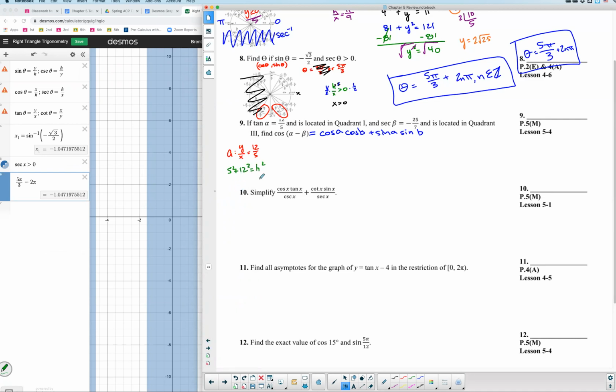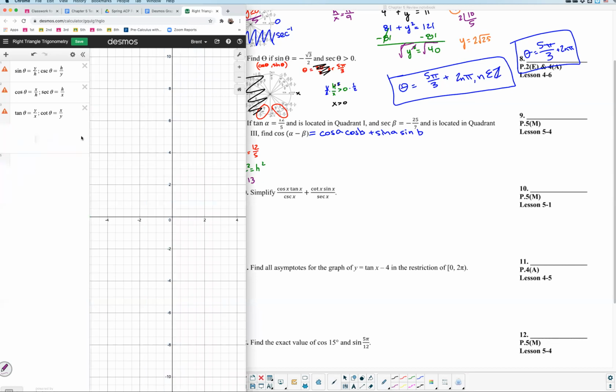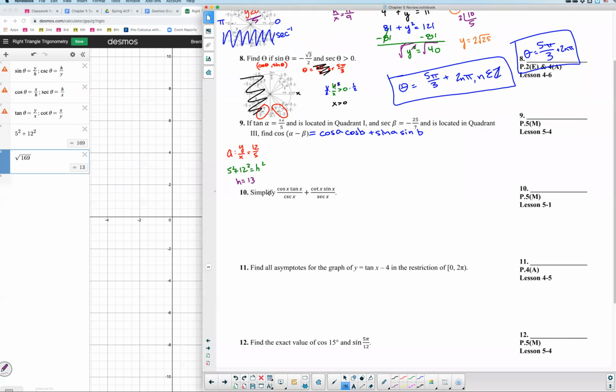For the sake of time and space, I'm going to just tell you that h is equal to 13, and h is always positive. How can I prove that to you? I'll just show you here. 5 squared plus 12 squared is 169, and the square root of 169 is my 13. So h is 13. So that's the case for alpha.